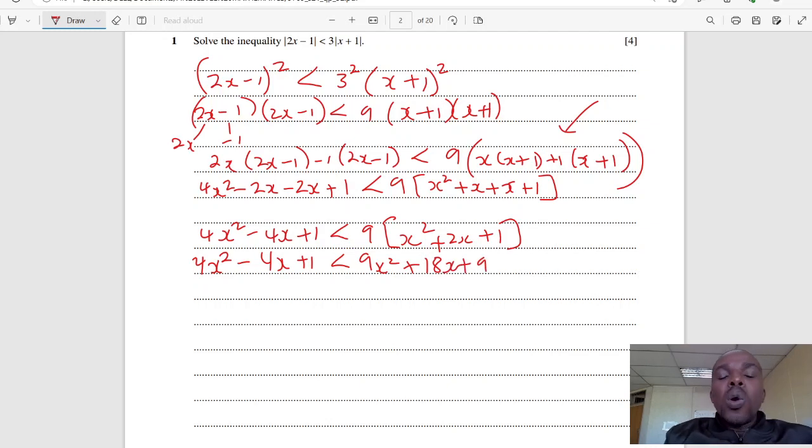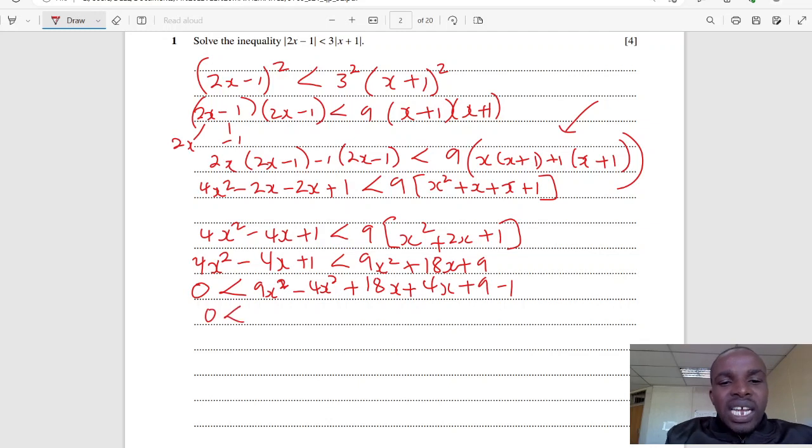Like this. Now collect like terms. Let's take everything to the right side of the inequality sign. So it will be 0 less than 9x squared minus 4x squared, collecting like terms, then plus 18x plus 4x, then plus 9 minus 1.